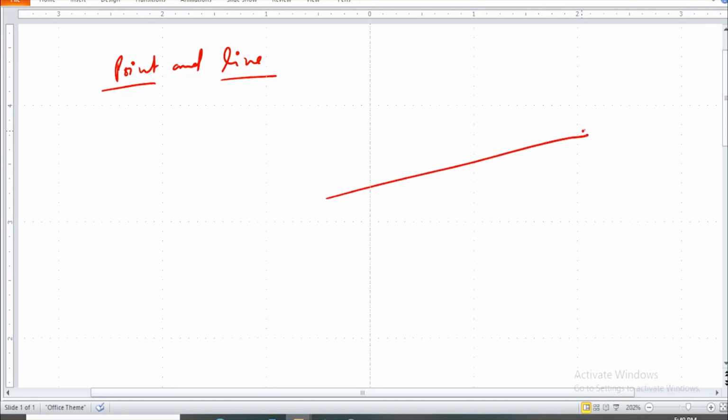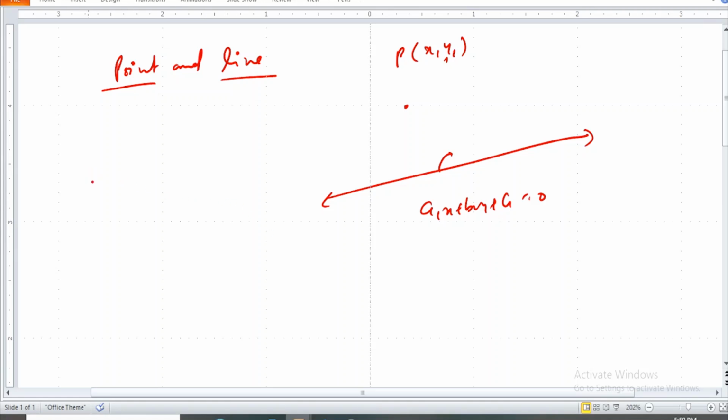this one is our straight line. Its equation is a1x plus b1y plus c1 equal to 0, and a point P(x1, y1), right? So P may be in the line or outside the line, right? If P lies in the line, it means it satisfies the equation of the line.